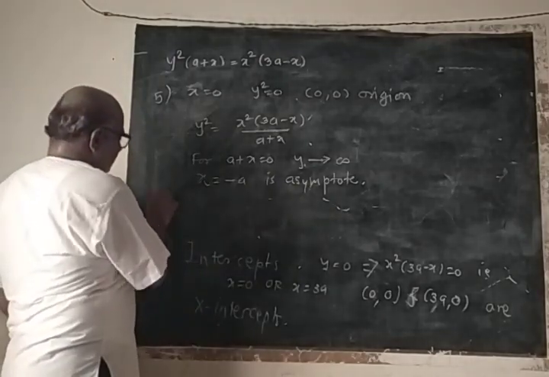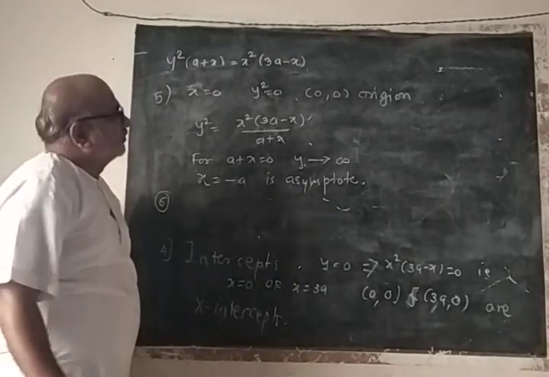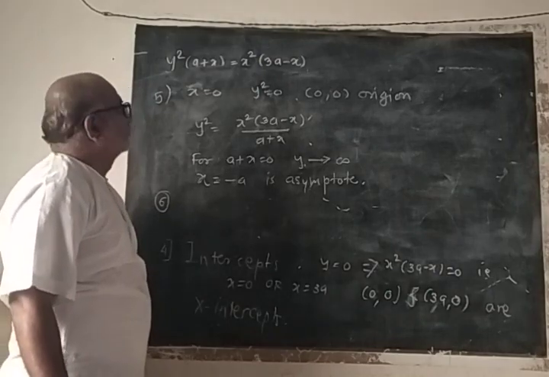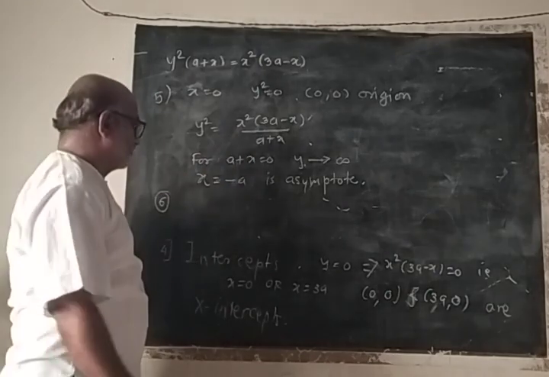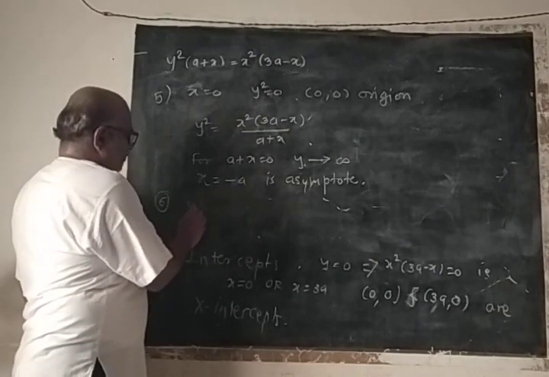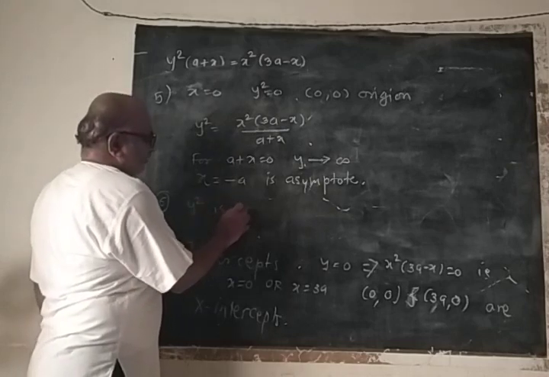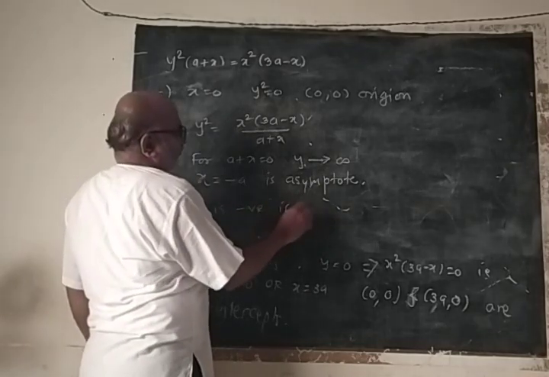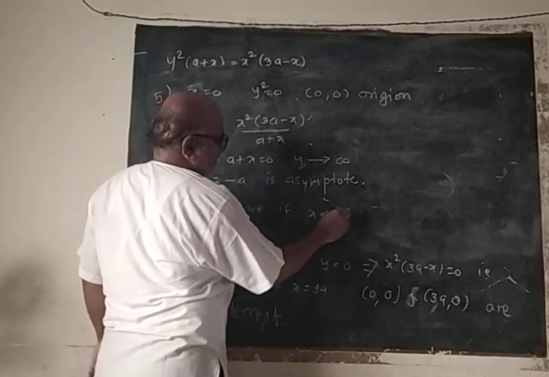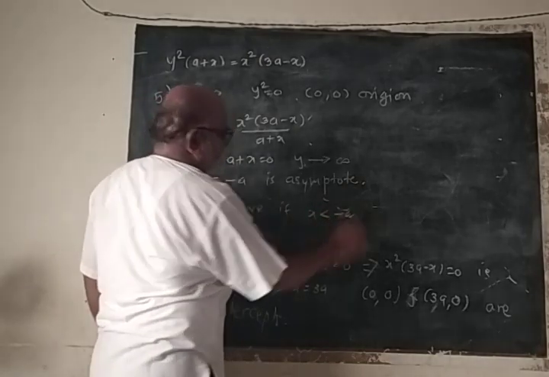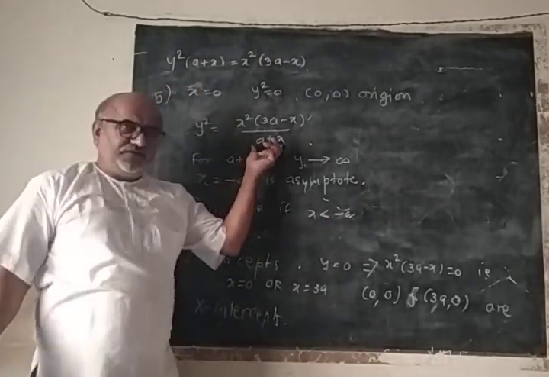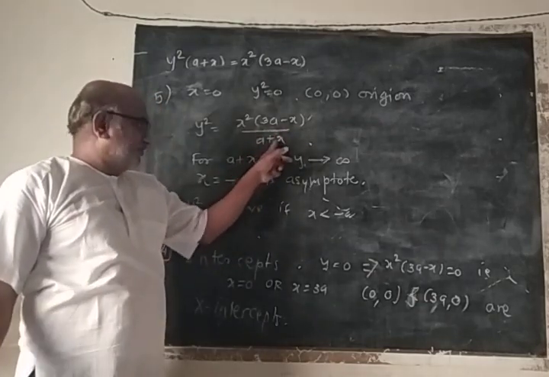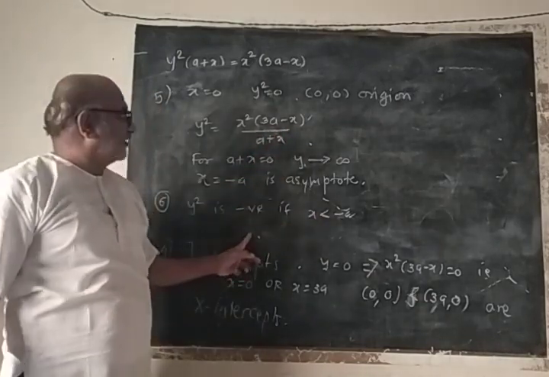Now, as a sixth point, you can find the region. What happens from this also? Y square is negative if x is less than minus a. This term is negative when x is less than minus a.